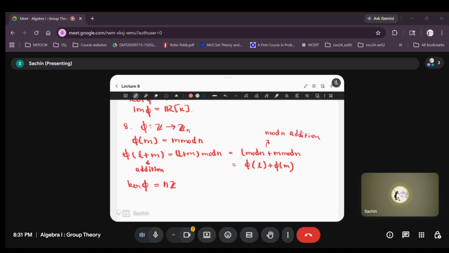And you can also write this as the subgroup generated by n, because the subgroup generated by n will contain n plus n, n plus n plus n, etc. It will contain 0 times n, which is 0. It will contain minus n plus minus n, which is minus 2n, etc. So you can also write it that way.